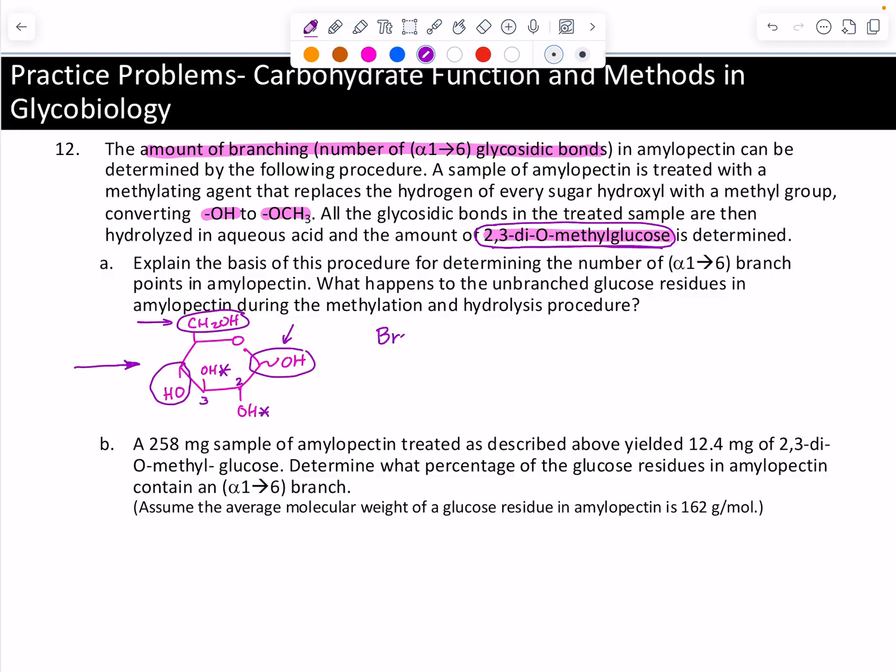Okay, so a branch residue during this procedure would become 2,3-dimethyl glucose.